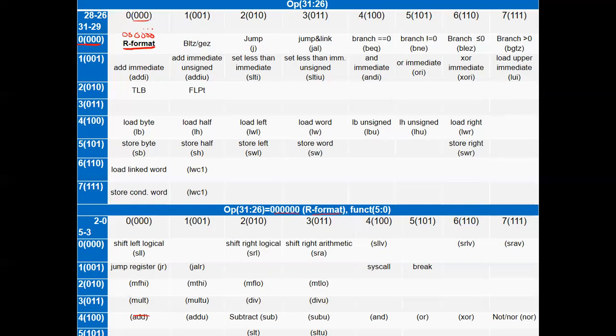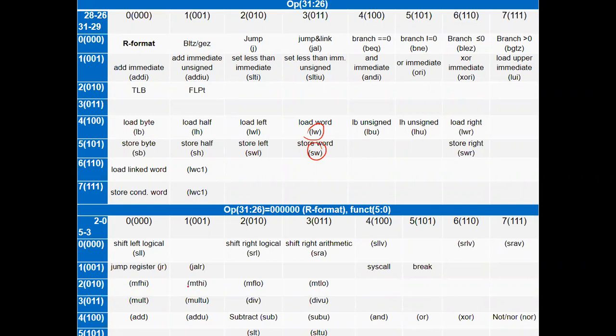Going back to the table, you can find all the categories here. You can find, for example, if you want to look for the load and the store, the load is here, the store is here, where they have other versions as well. You have the and immediate, or immediate, all the kind of immediate instructions here. You have the jump and branch, the branches here.